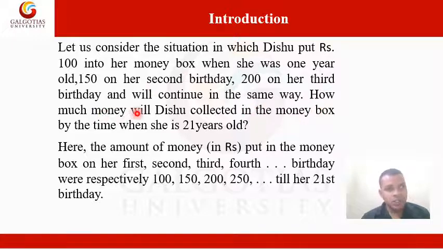So how much money will Dishu collect in the money box by the time she is 21 years old? Here the amount of money in rupees is put in the money box on the first, second, third, fourth, and so on birthdays up to the 21st birthday. So what will be the total money?